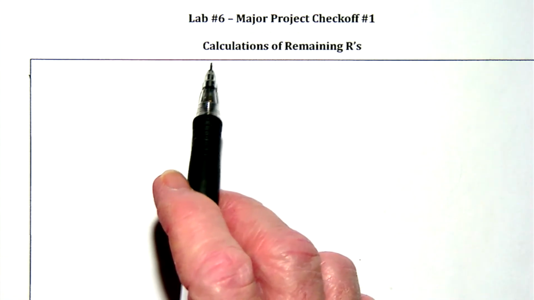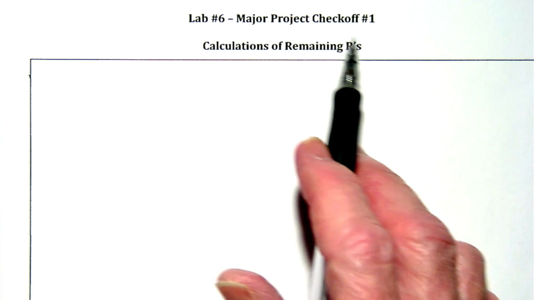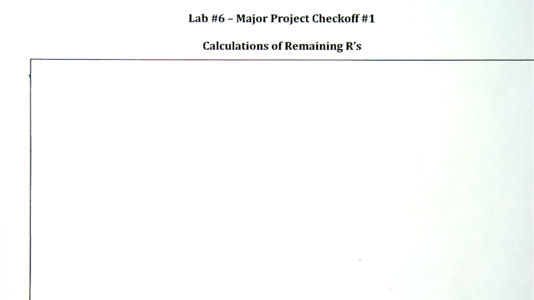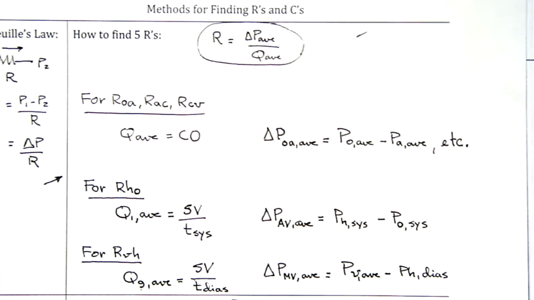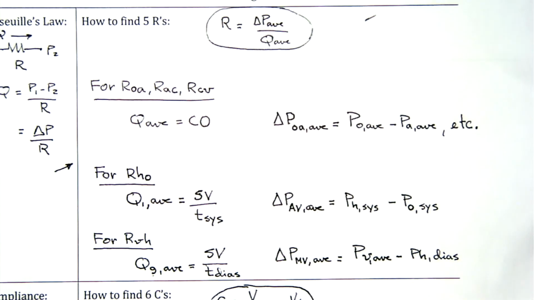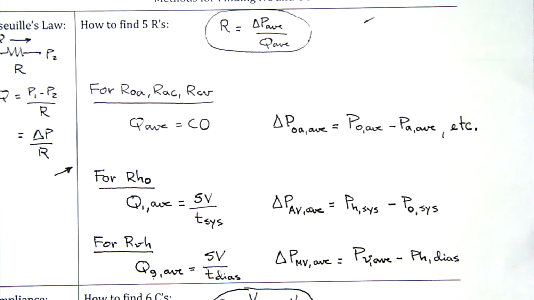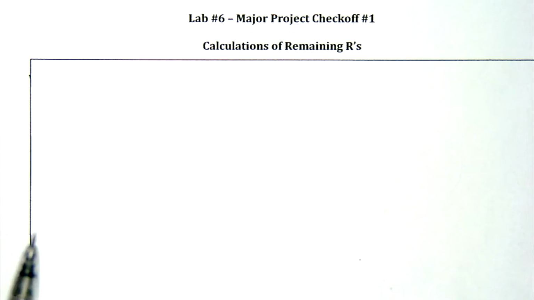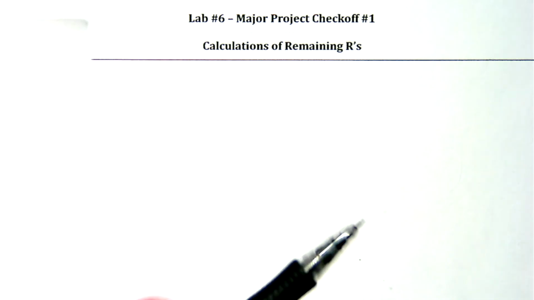On the first worksheet, I'll have you do the calculations of the remaining 4 resistances, and we'll have you use the equations that we developed on worksheet number 1 from last week's lab here. I hope you saved that. And you'll also need to refer to several figures from the textbook.